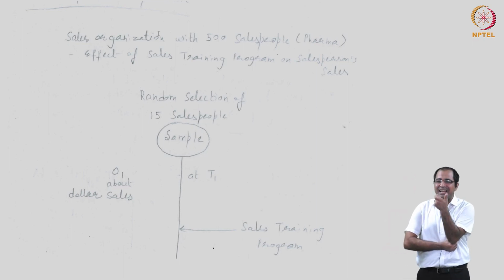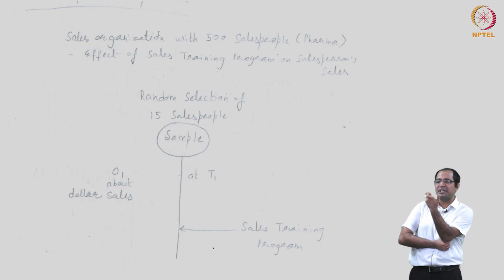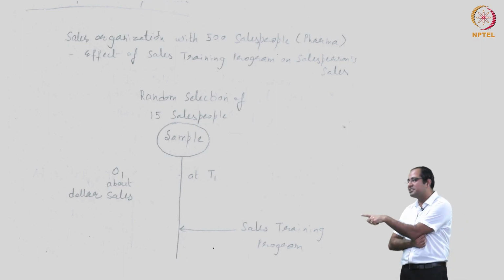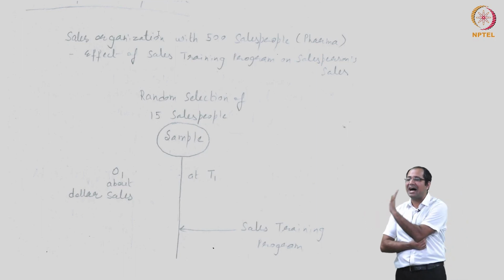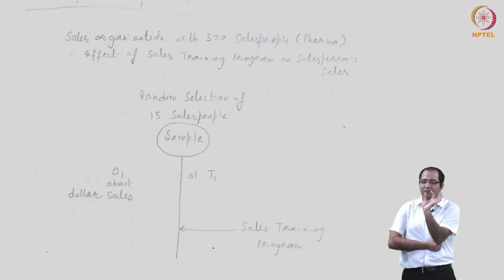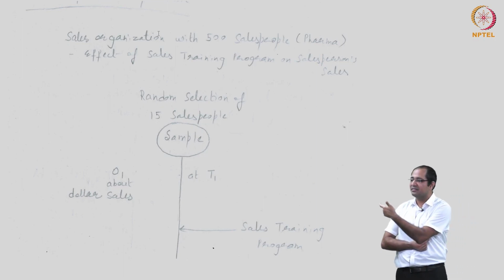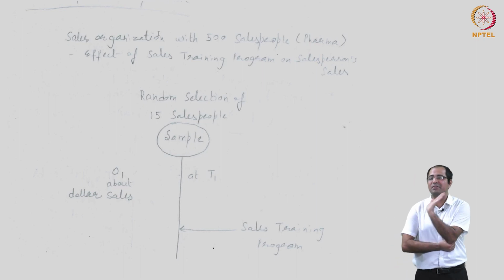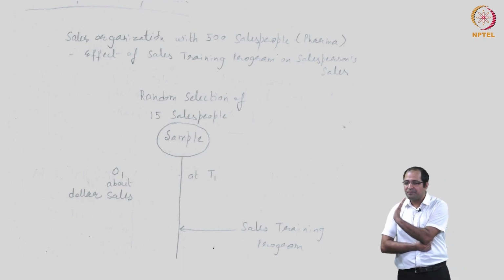So there is an intervention, and they want to know whether the sales training program would increase performance. So X and Y are very clearly given: we want to know whether X would result in an increase in Y.